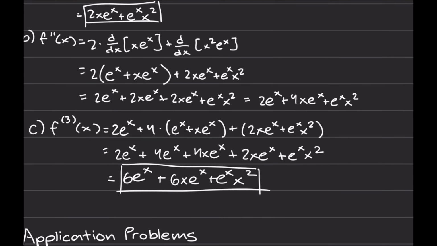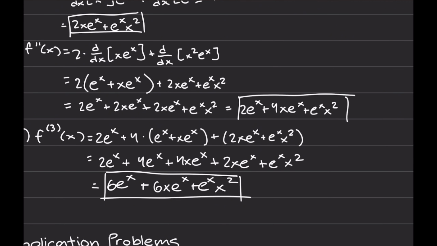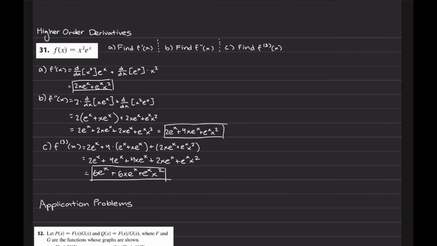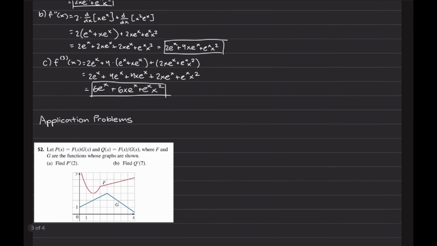Not too complicated there, just a lot of computation. And you're going to see this as a common theme where honestly, most of calculus is just a lot of algebra. Anyways, we're going to move on to some application problems of the rules that we've already learned.